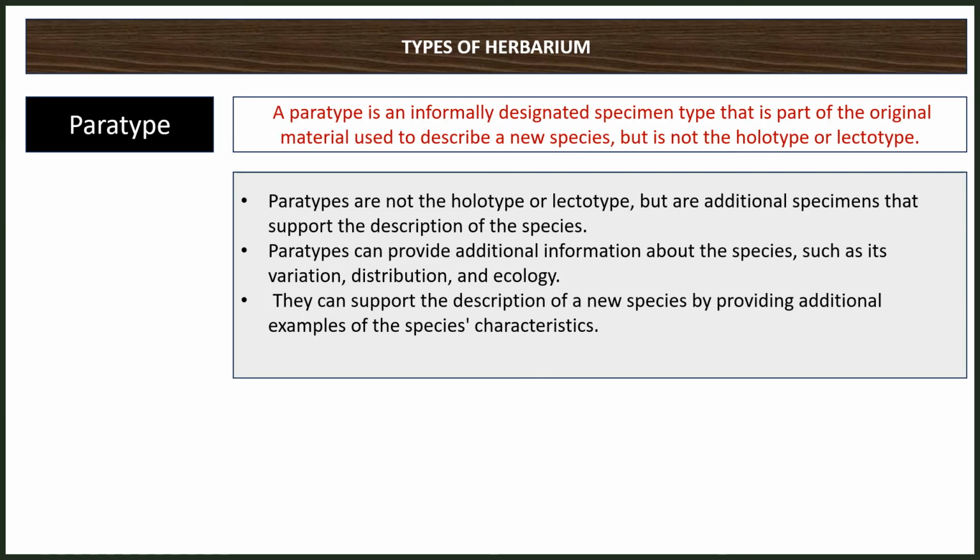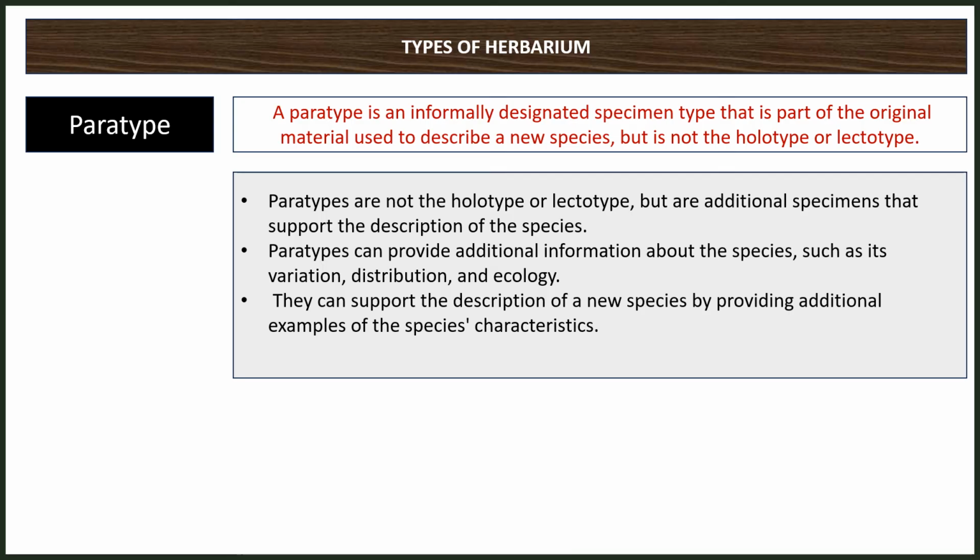Now let's talk about the paratype. So the paratype is an informally designated specimen type that is part of the original material used to describe a new species, but it is not a holotype, it is not a lectotype. So why is there a paratype? It is an additional specimen that helps to support the description of the species.